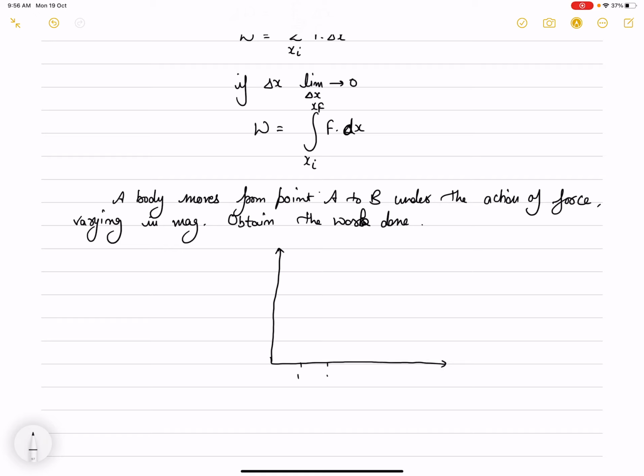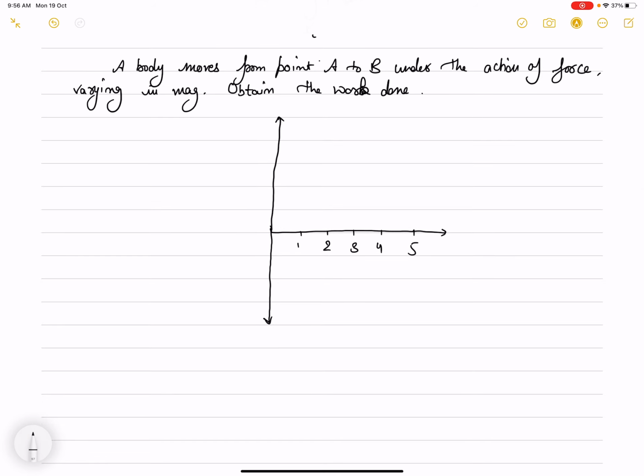1, 2, 3, 4, 5, and on the force axis 0, 5, 10, 15, 20, minus 5, minus 10, minus 15.